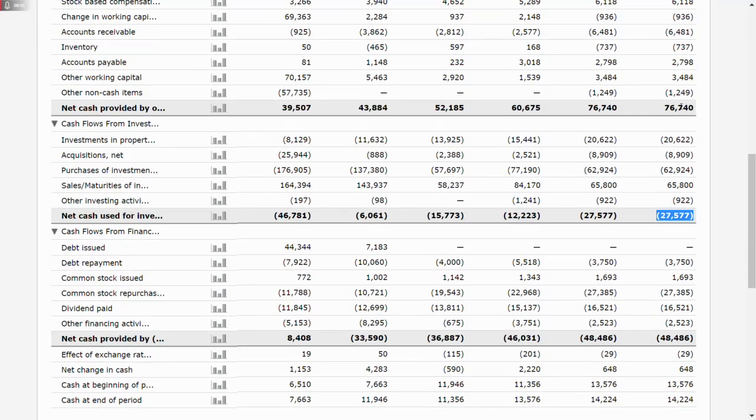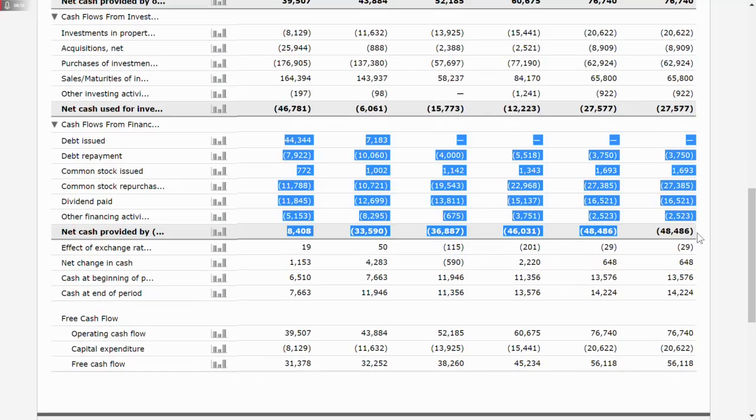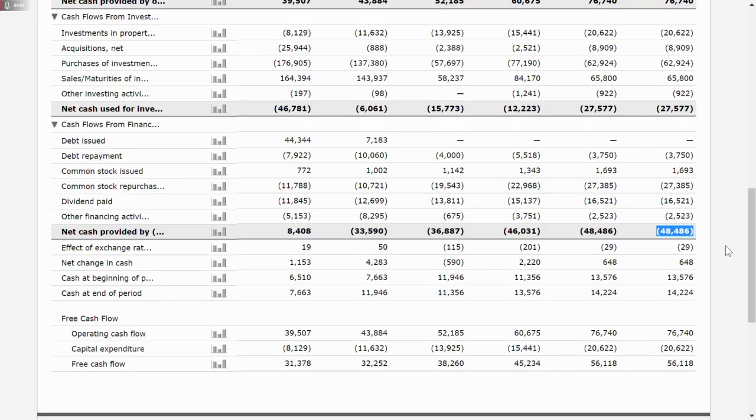So after you take these two numbers, then the net cash provided was 48.4, and after doing these adjustments, then you get a cash at the end of the period here.